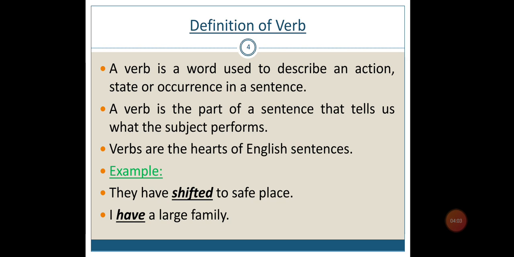Some verbs also express state or situation. In the first example, shifted expresses action, and in the second example, have does not express any action. It tells the state or condition or situation of the family.